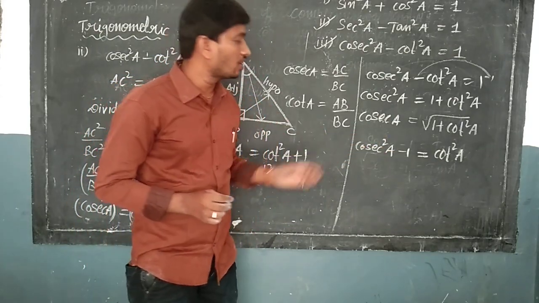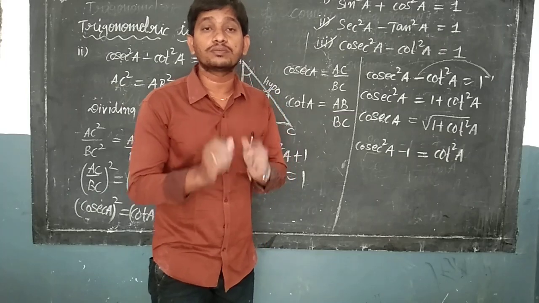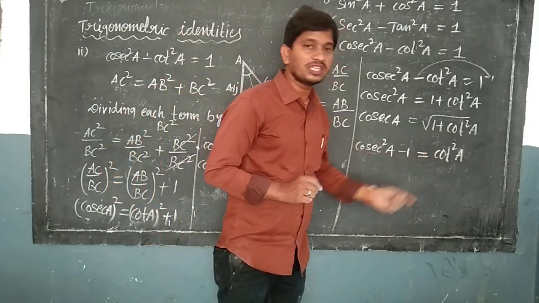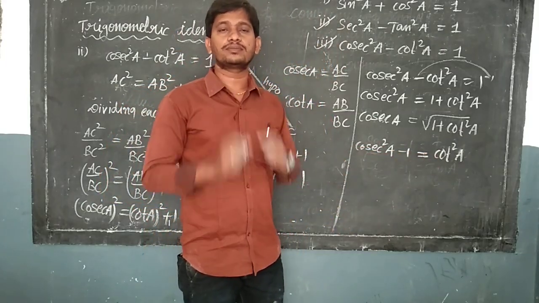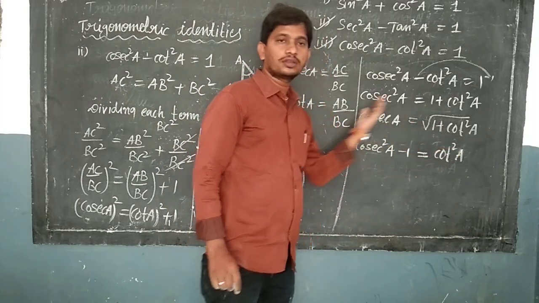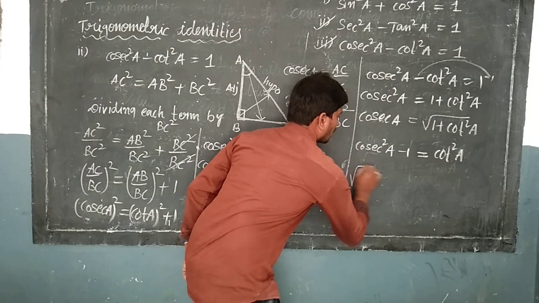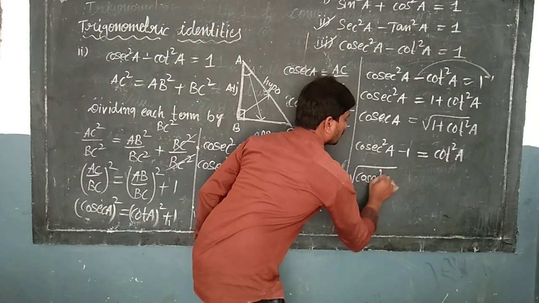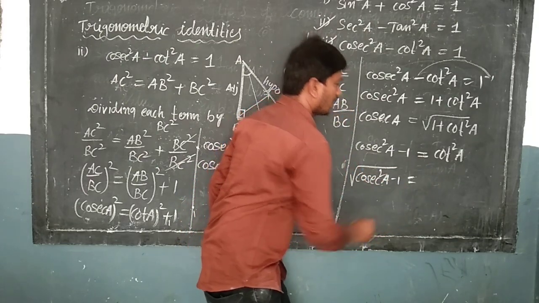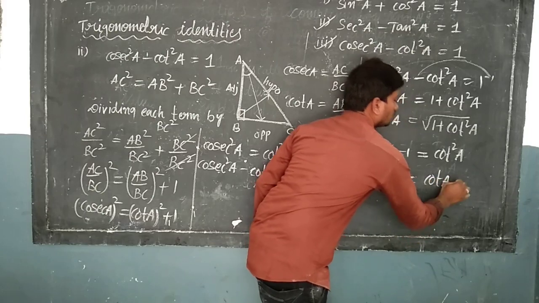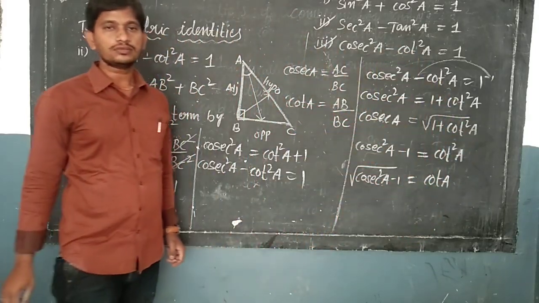Generally students will write 1 minus cosec square A. That is wrong. So cot square A means cosec square A minus 1. If you want to write only cot A, square you send this side. It becomes root over cosec square A minus 1, which is equal to cot A.